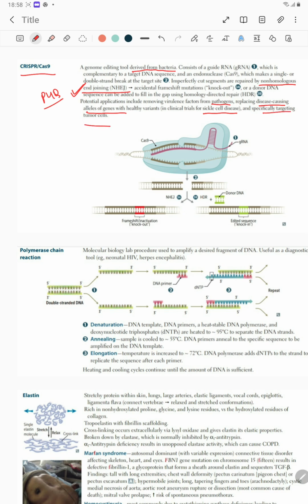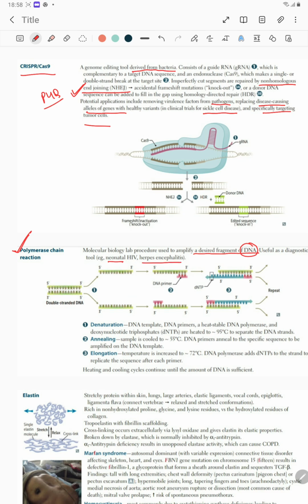Next topic is PCR, which is very frequently asked and repeated also. In PCR, we have a molecular lab procedure which is used to amplify desired fragments of DNA. It is used as a diagnostic tool, like for neonatal HIV detection or herpes encephalitis.